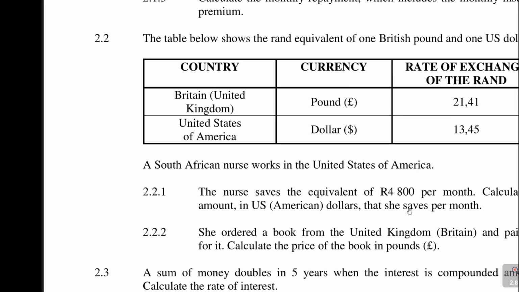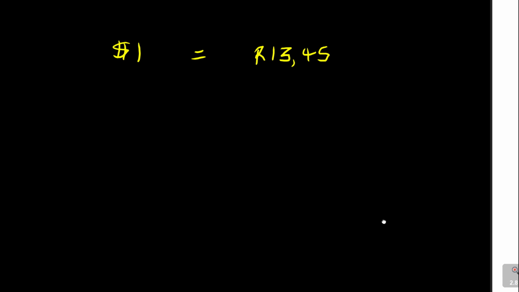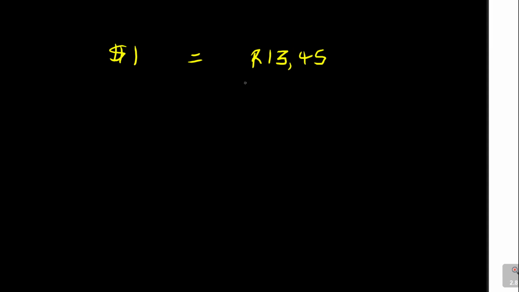Now she wants to save 4,800. So you come to this proportion. Where is the rand part? Here, that's where you put 4,800. How much is that in US dollars? That's why you say it's X dollars.